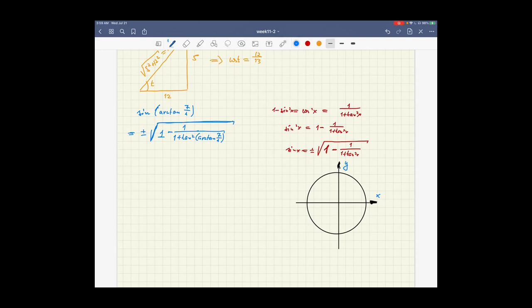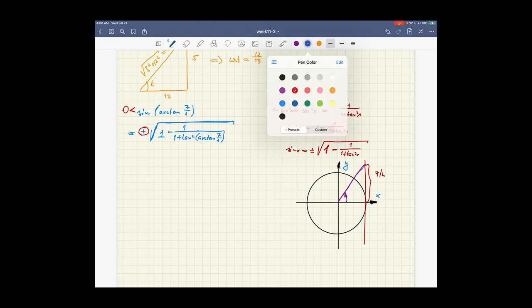It's an angle in the first quadrant or in the second quadrant, where tangent equals 7 over 4. So, of course, it's in the first quadrant. 7 over 4 is here. So it is this angle. It's in the first quadrant. So sine of that angle will be positive. And we should therefore go with the plus sign. And the rest is a technicality.